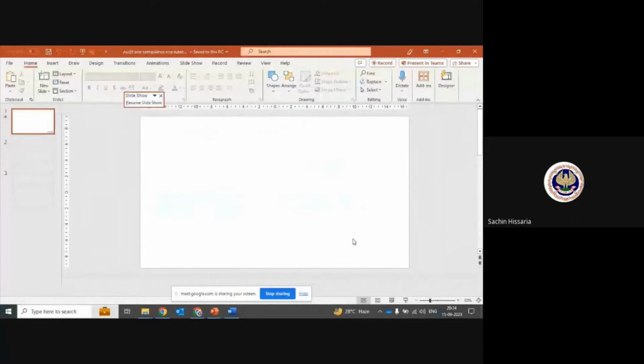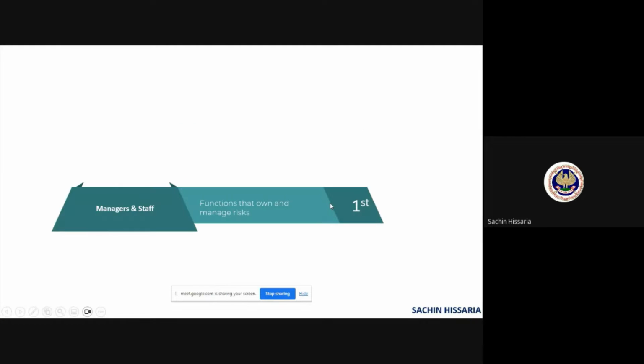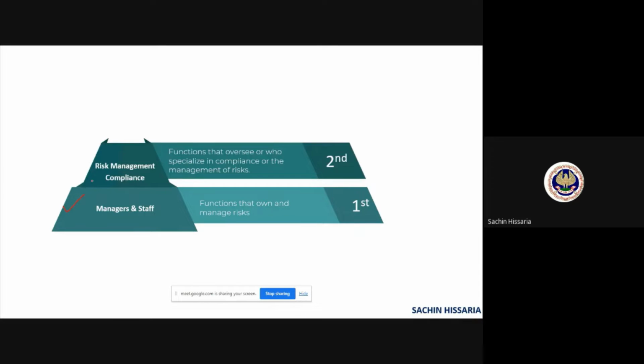In most organizations, generally you will find three lines of defense. What are those lines of defense? The first line of defense would be your managers and staff who manage the function or who manage the risk. They are the first line of defense in any organization. Second would be your risk and compliance department, which oversees the compliance in the company.